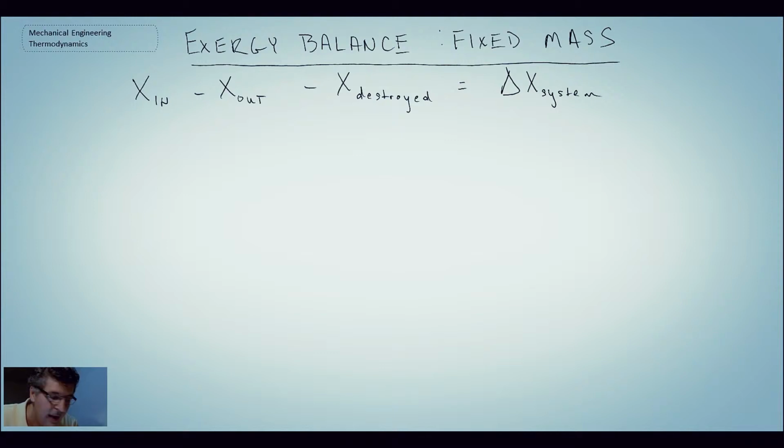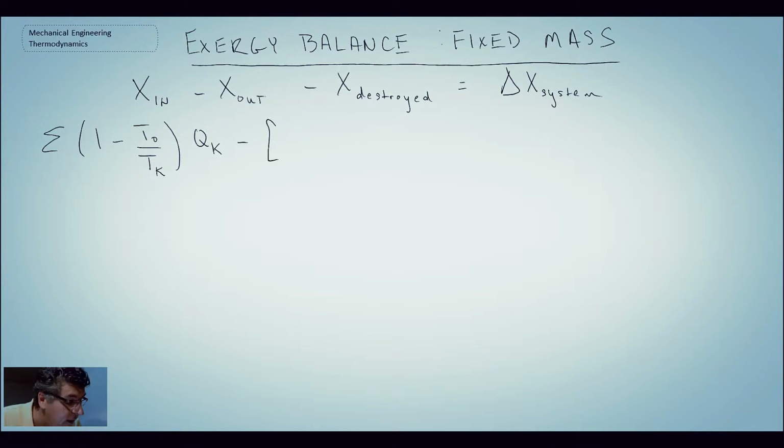Now, if you look in any thermodynamics book, you should find a relation where they show you what the exergy balance is for a fixed mass system. I'm just going to write that out now. We have a term for the heat transfer that might be taking place across our control boundary, and again, we're multiplying it by the reversible thermal efficiency, or the Carnot efficiency.